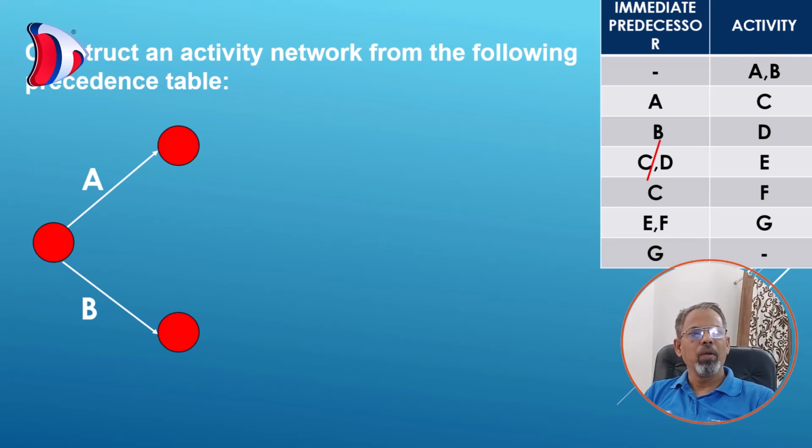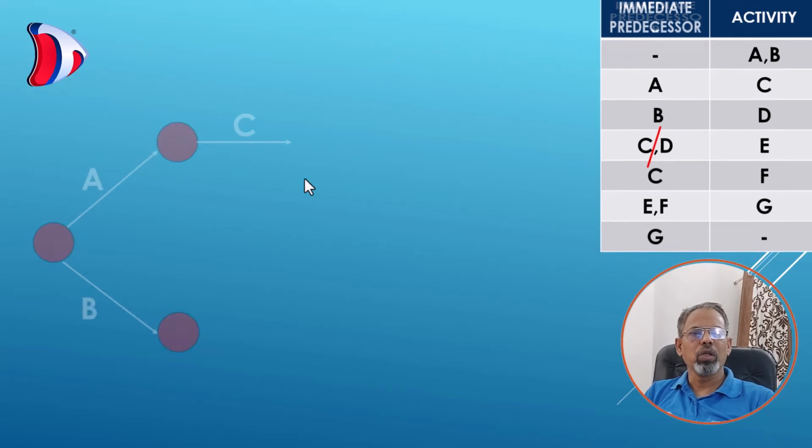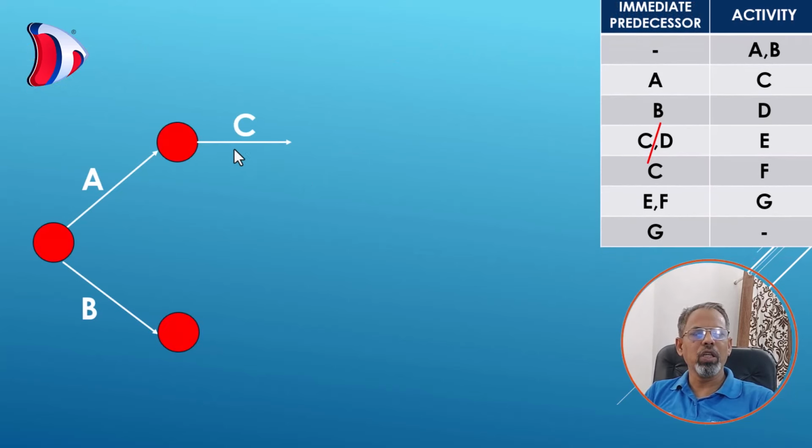Now here in this particular table, from 0, activity A and activity B are arising. We have clearly shown this in the diagram. Now in the next step, we see that activity C is originating from activity A. So let us give rise to activity C from activity A. I hope till here we should not be having any confusion.